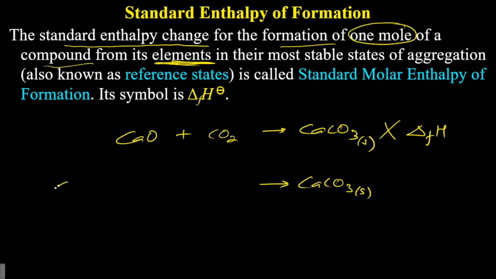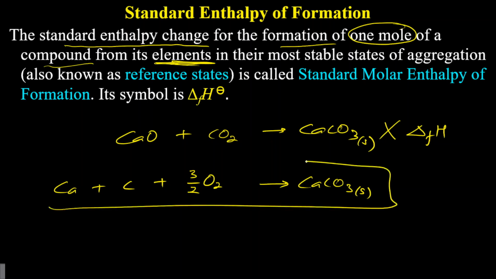So you use calcium plus carbon plus O3. If you use O2, you have to use 3 by 2 O2; 3 by 2 into 2 will give you 3 O, and the 2 gets cancelled. Oxygen does not exist as O, it exists as O2, so that's why you have to use 3 by 2, so that you have 3 atoms.